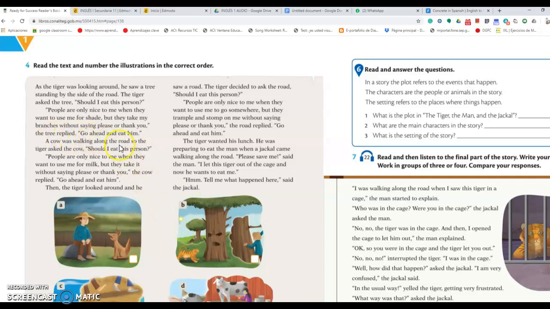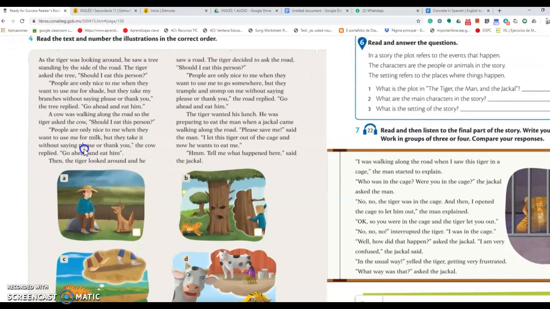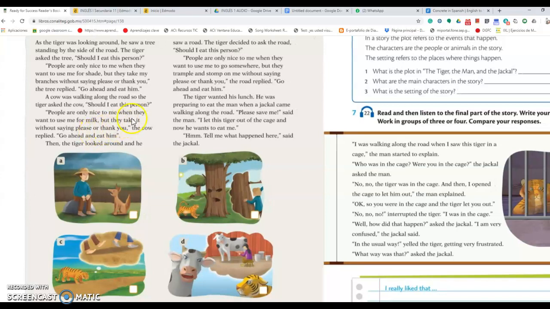"Go ahead and eat him." A cow was walking along the road, so the tiger asked the cow, "Should I eat this person?" "People are only nice to me when they want to use me for milk, but they take it without saying please or thank you," the cow replied. "Go ahead and eat him."